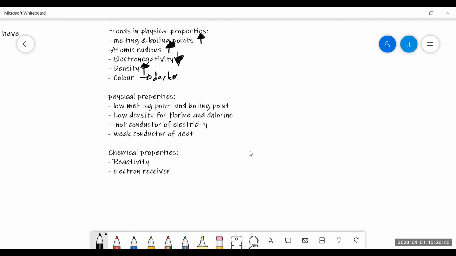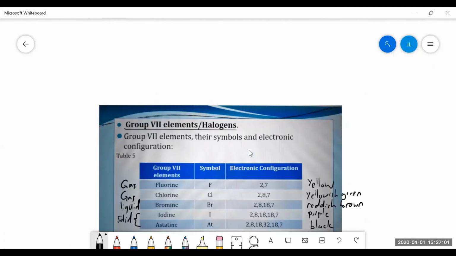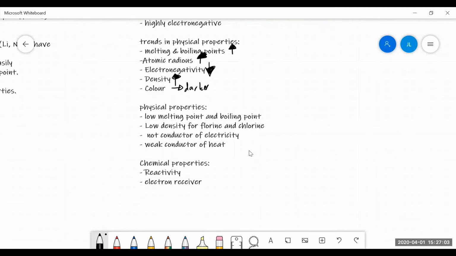As we move down the period, what happens to the reactivity? So you do a comparison between fluorine and also the last one, which is astatine. Weaker? They're less reactive, right? That means the reactivity decreases.